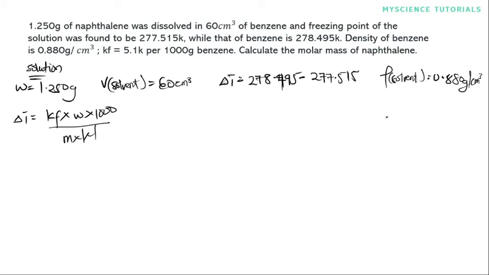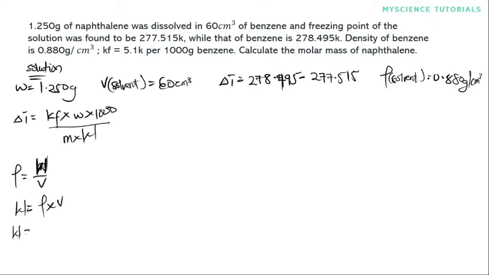So we know that the density over here is mass over volume. So we are saying our mass will be capital W. So if we make capital W the subject, it means we have to multiply our density by the volume.